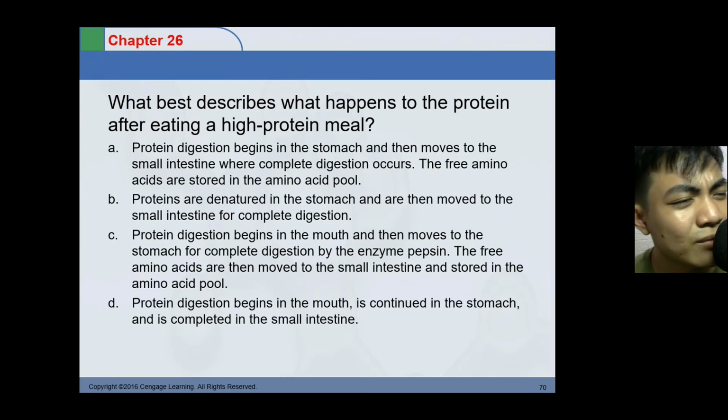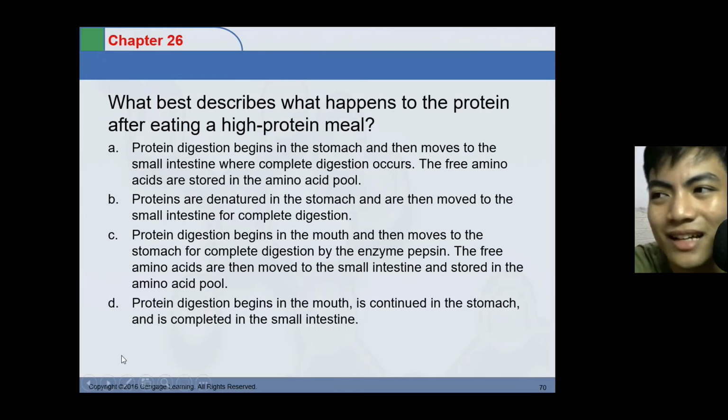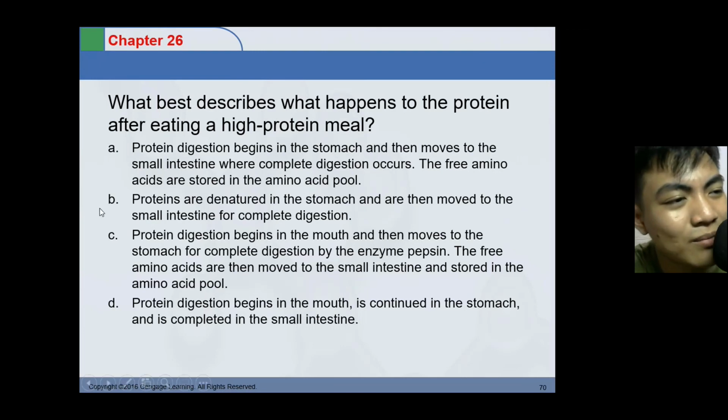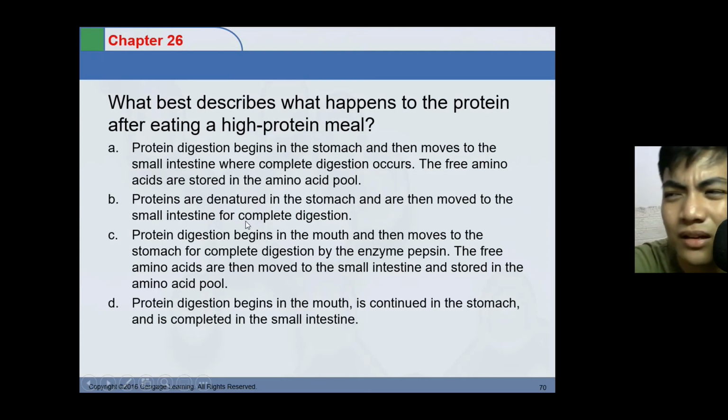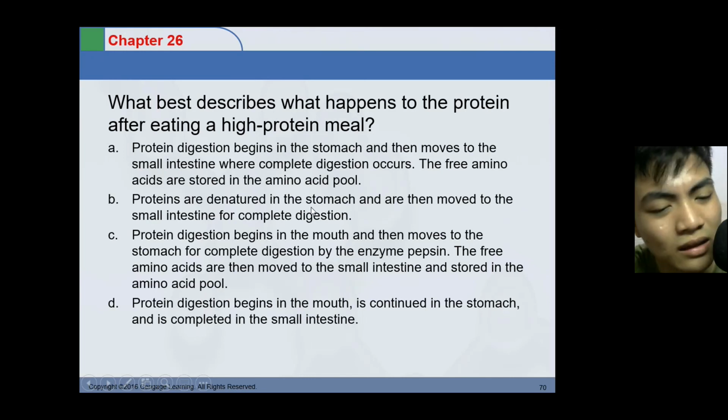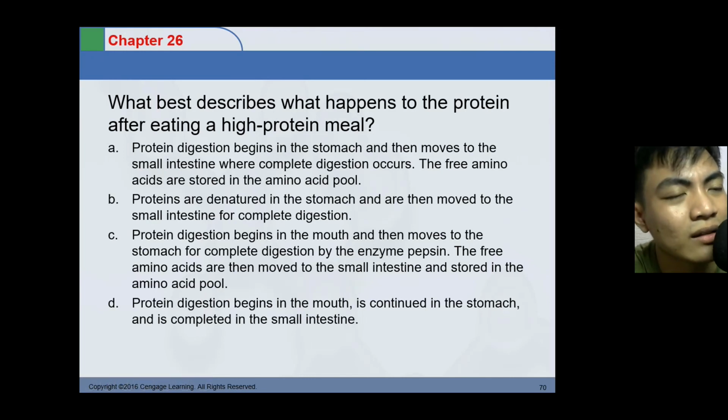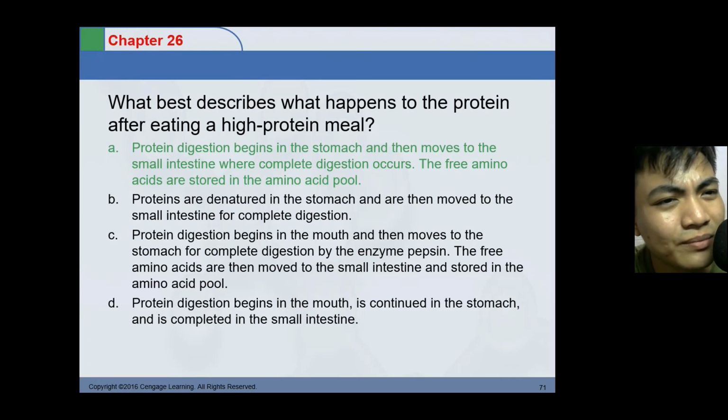And then letter D, protein digestion begins in mouth. Mali agad. So, ang malapit na answers natin dito is either A or B. Pero again, yung B, medyo incomplete siya. And then, sinabi nyo lang kasi dito, proteins are denatured in stomach. That is not completely correct. Okay? Partially correct siya. Okay? Kasi other than being denatured, proteins can be digested in the stomach, okay, with the help of enzyme pepsin. So the correct answer is letter A.